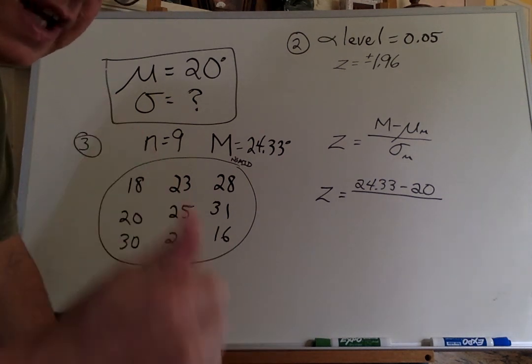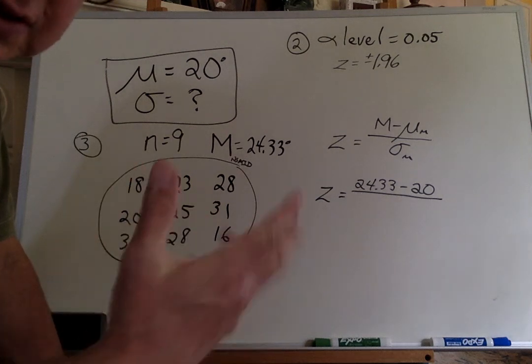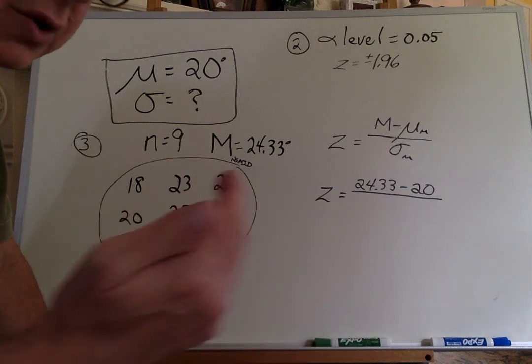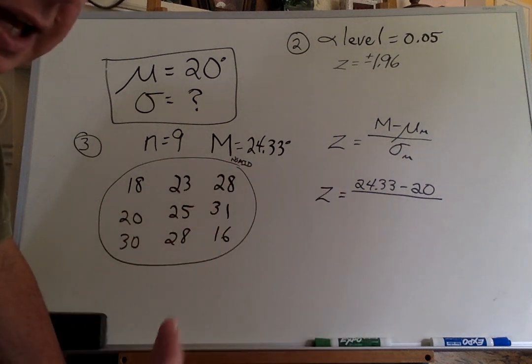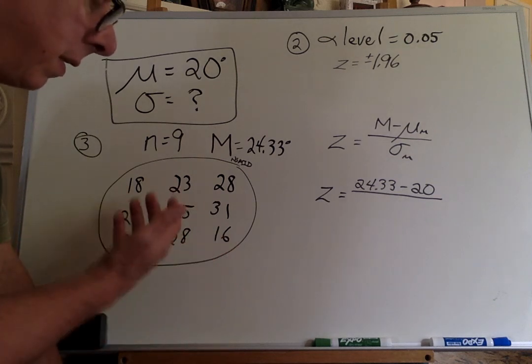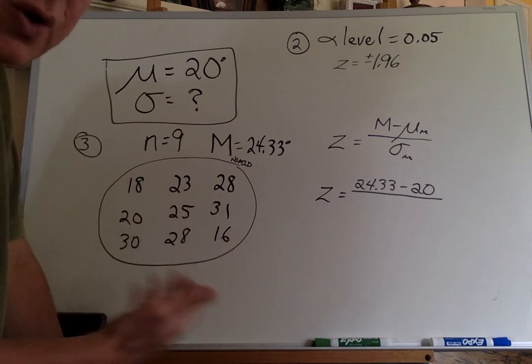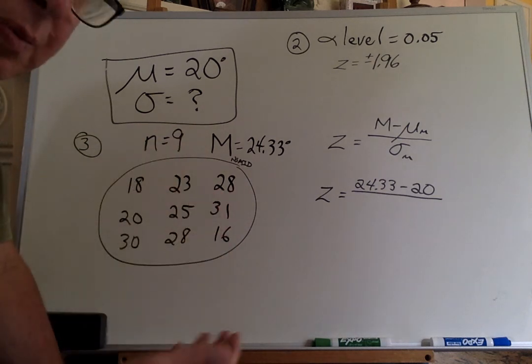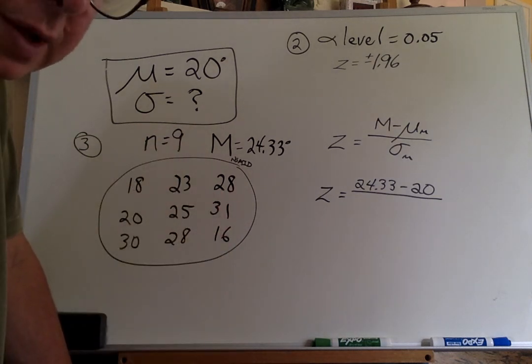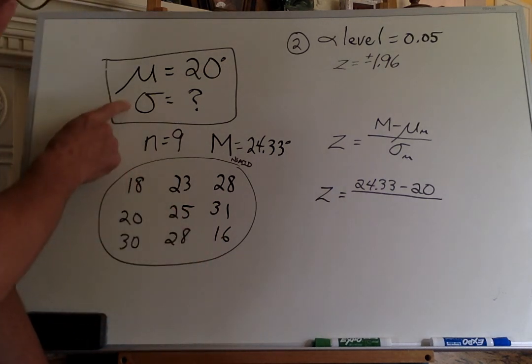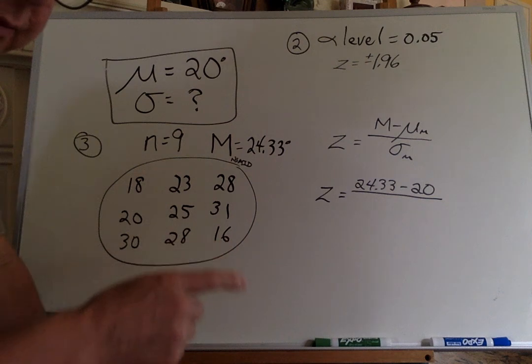If we fail to reject the null, ultimately, we're saying there's no difference in the NSAID versus the normal therapy, then these people represent normal therapy, right? If there's no effect of the NSAIDs, this would represent normal therapy. So in that case, we could use this to make a guess for this, all right?